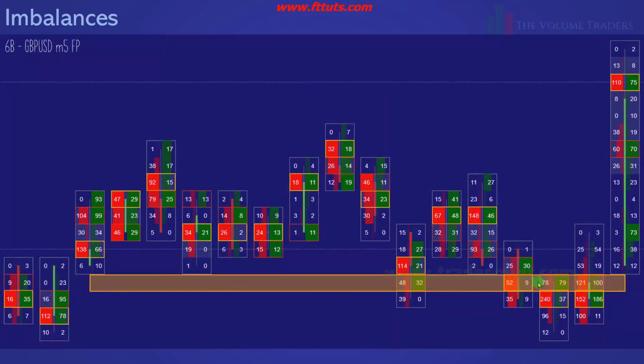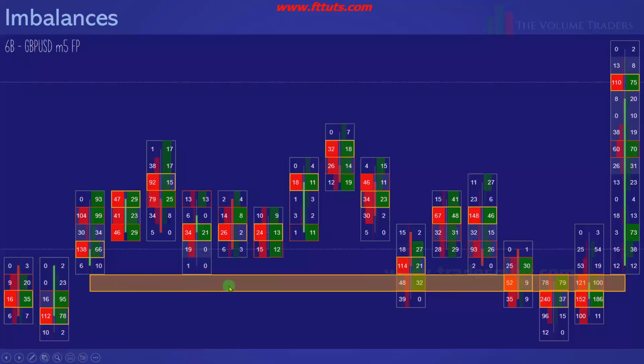How I use imbalances. For me, all the imbalances create potential support and resistance levels. In this case, it is a 6B chart and my old school way of finding the imbalances, with the zero side and in a horizontal way. So 0 to the 23.